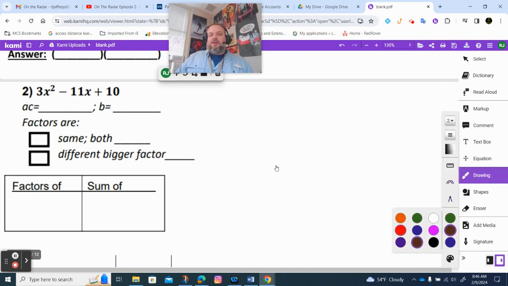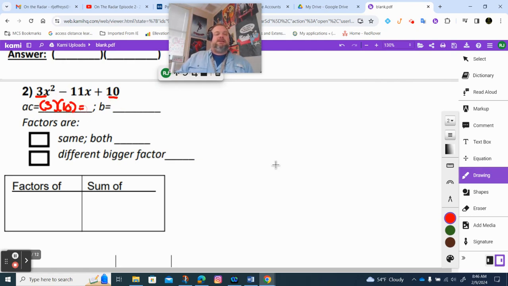So we have to do our A times C. So what is 3 times 10? It's 30. Our B right here is what? Negative 11.